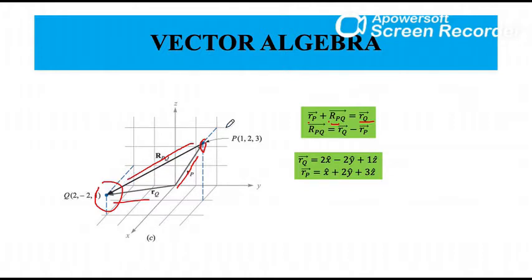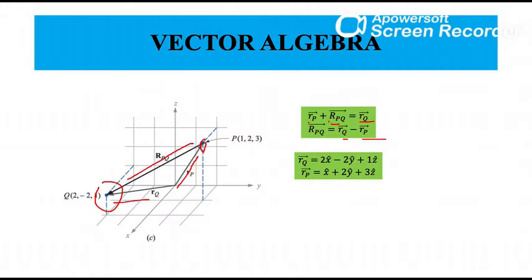So how can I specify vector r_pq in terms of position vectors r_p and r_q? You start using vector addition: r_p plus r_pq is r_q. If I transfer r_p to the right hand side, r_pq is equal to r_q minus r_p.